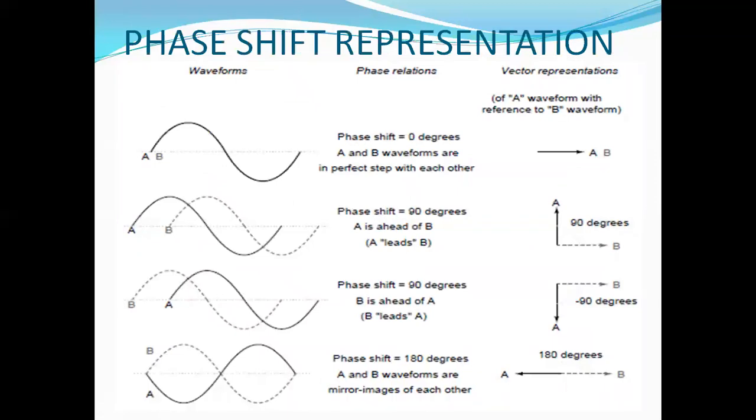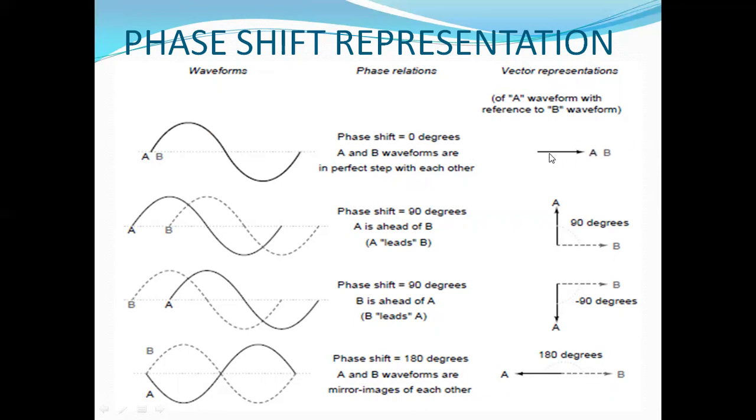Now again, the phase shift representation here: A and B are shown, the phase relationship is shown, and the vector representation of that waveform is shown here. So here A and B are both in phase, meaning the phase shift between them is 0 degrees. A and B waveforms are in perfect step with each other, and the vector, or phasor, representation can be represented like this.